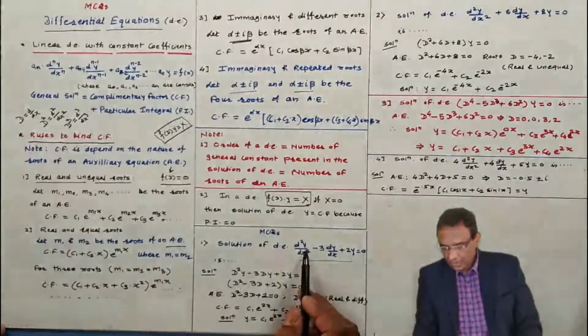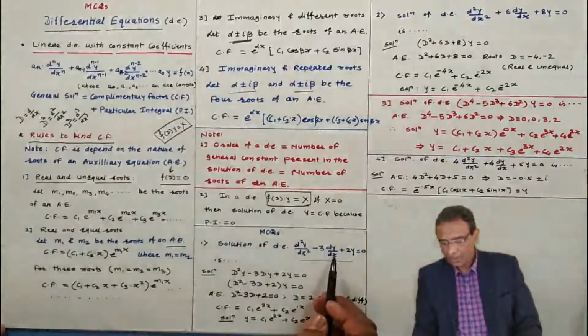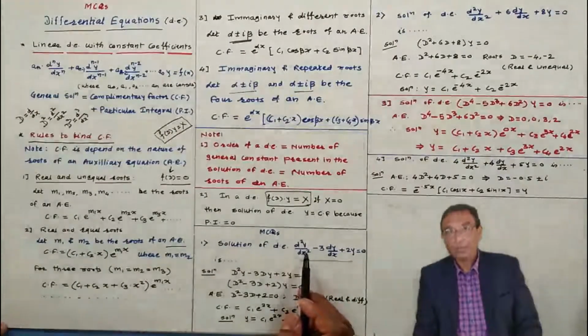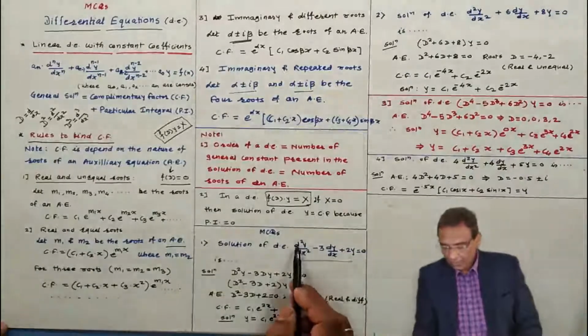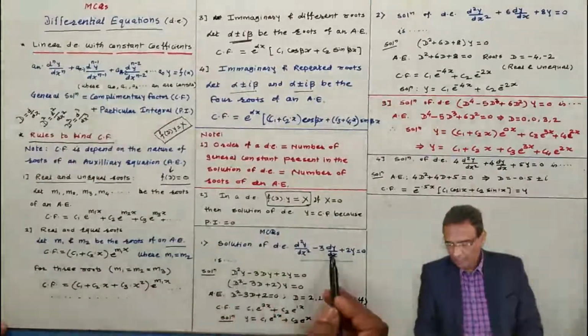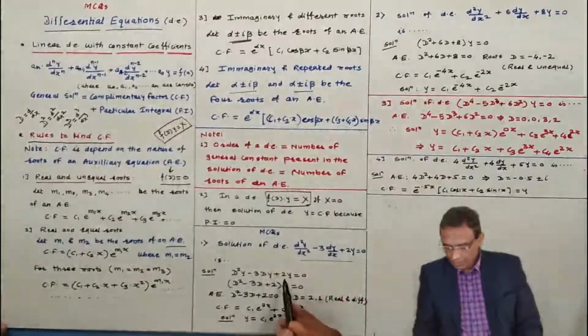See, this differential equation is given in terms of dy by dx and d2y by dx square. Therefore, I am writing the differential equation in terms of capital D. As I told you, d2 by dx square is capital D square, d by dx is capital D, plus 2y as it is.